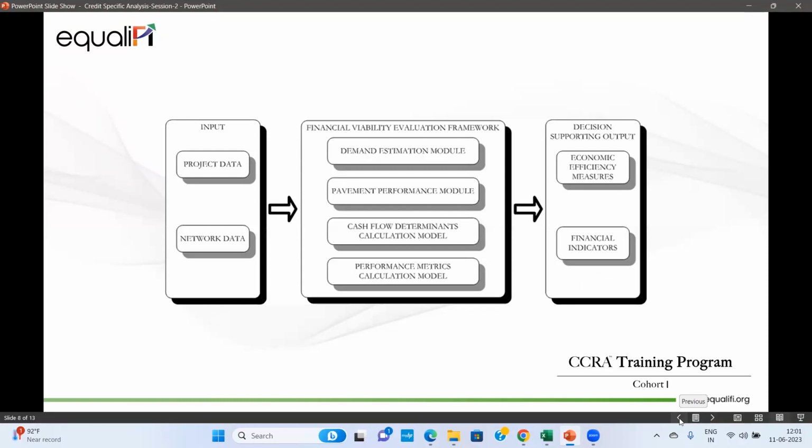So these are some inputs: project data and network data are all the inputs, and the financial viability evaluation framework consists of my demand estimation module, what we had discussed; the payment performance module, how my payment will come, what would be the credit period, what would be the cyclicality of the payment; and the cash flow determinant calculation model.